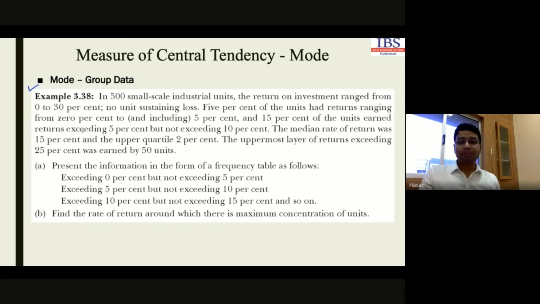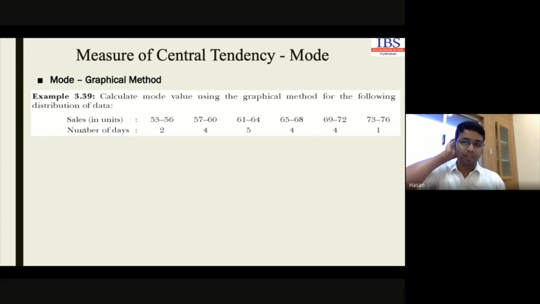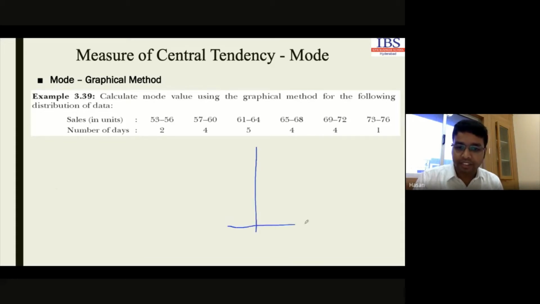Okay. Now another part is how we solve the problem graphically. Graphically, how to calculate the mode. Earlier we understood how to calculate the median value graphically. To calculate the median graphically, what have we done?